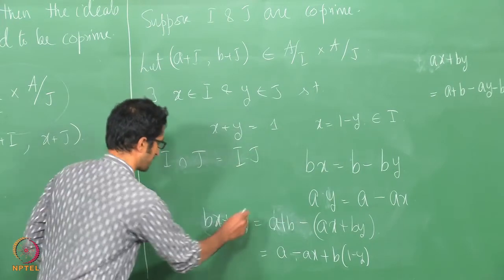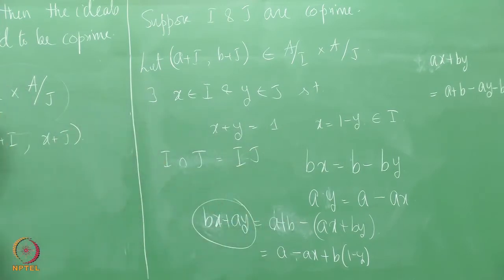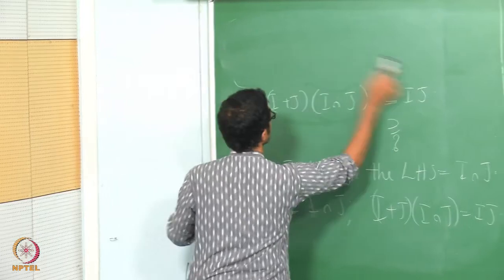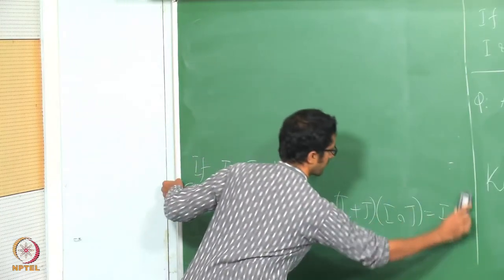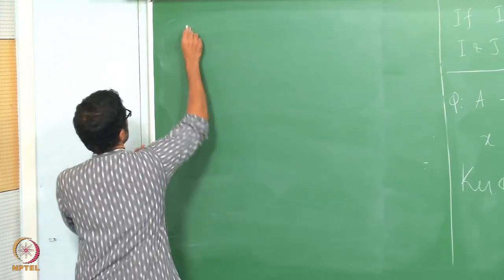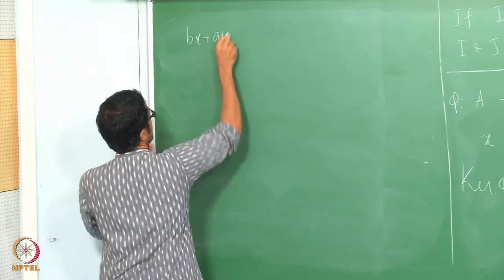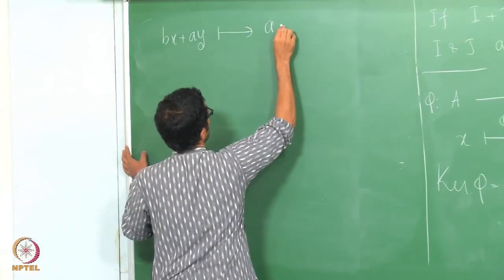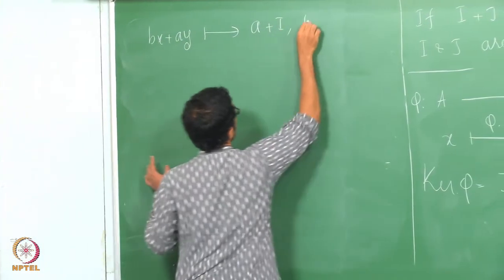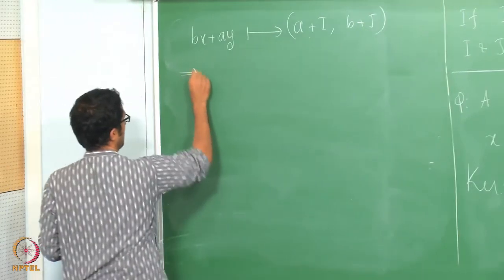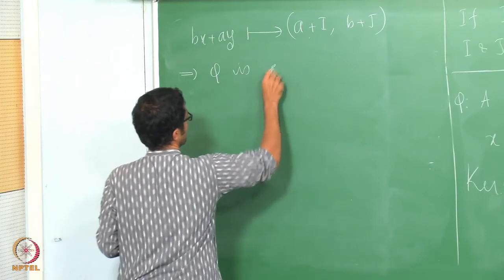So, therefore, this is precisely the element that maps to a plus I and b plus J. So, this implies phi is surjective.